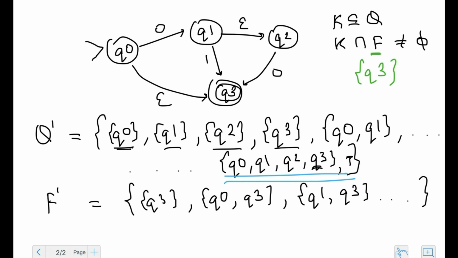So this is about my final states, and now what we're left with is the transition function. So let's take a look at that. The definition for the transition function is slightly complicated, but let me just give it to you first and then I'll explain why it holds. So I have a delta prime of k comma a, where k once again is a subset of Q, or you could say that k belongs to Q prime, which is the set of states for the DFA that I'm constructing, and a is a symbol from sigma.